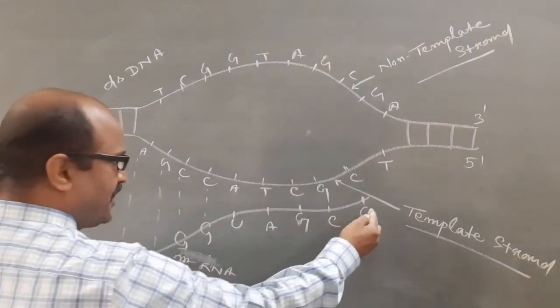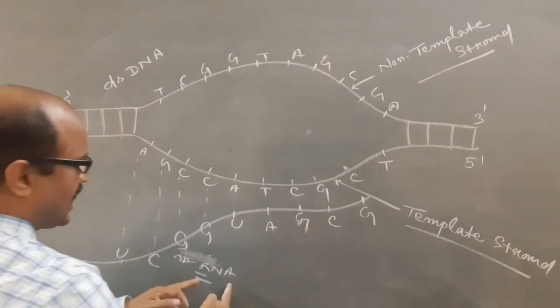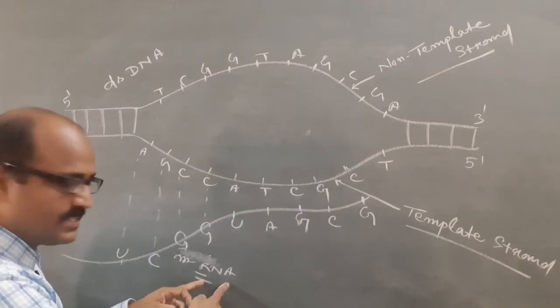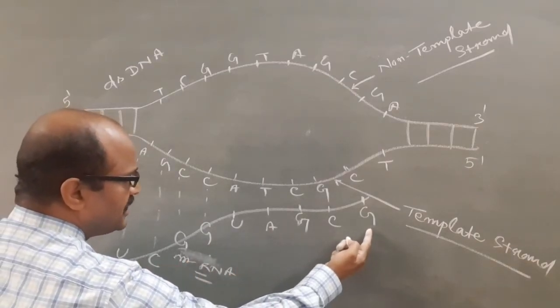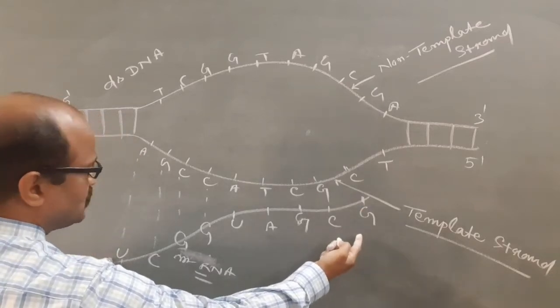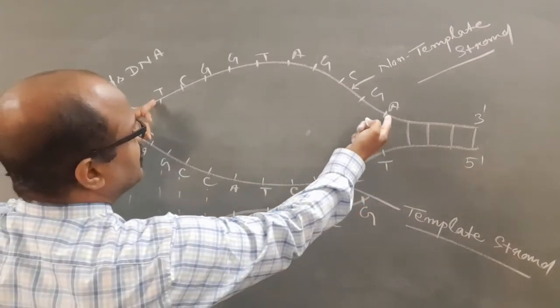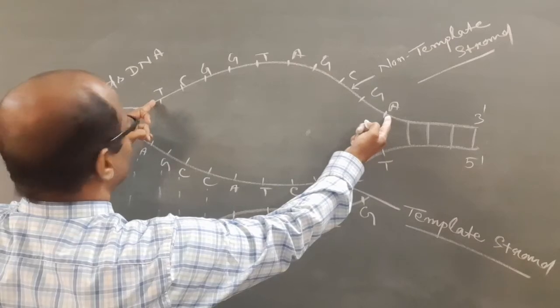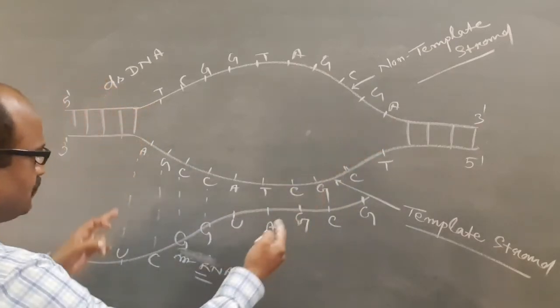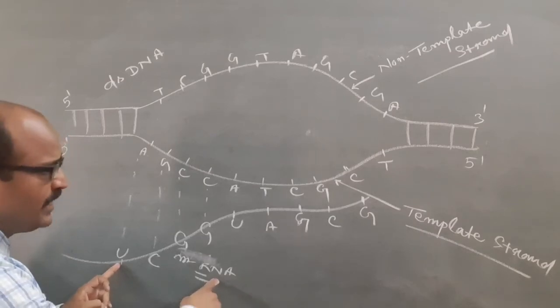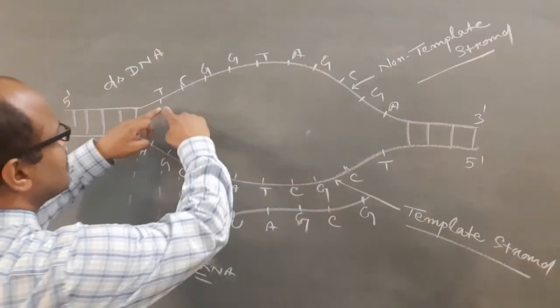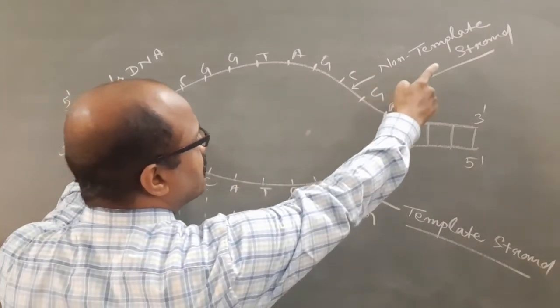So the sequence of this sense RNA will be the same as the complementary strand of the DNA, the sequence of the non-template strand.